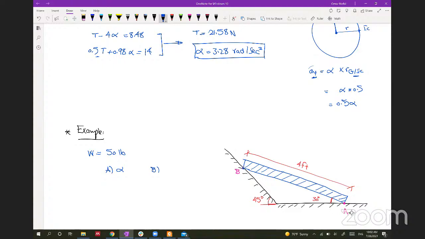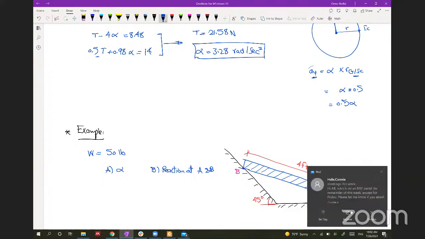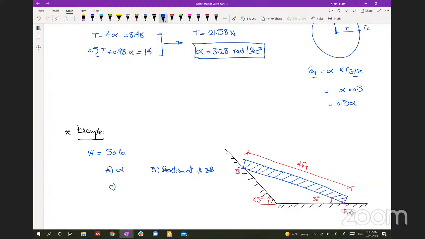So we need to find the reactions at these points, A and B, and number C, find the acceleration at the centroid.